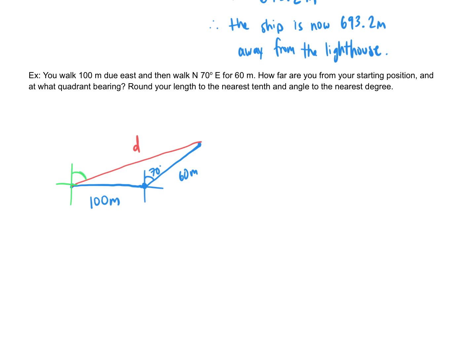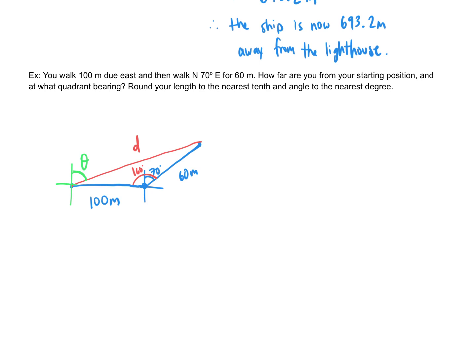And ultimately, this is the angle I'm going to need. All right, but first things first, we need to find the distance. With what I have, two sides, and I almost have the contained angle. I know this is a 90-degree angle, so 90 plus 70 must be 160. So now we have the two sides and the contained angle.